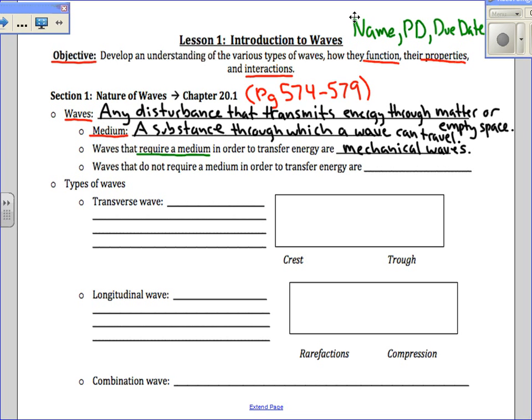Examples of mechanical waves include ocean waves or seismic waves. Okay, so the medium in these cases are water and solid earth. Okay, waves that do not require a medium in order to transfer energy are electromagnetic waves.